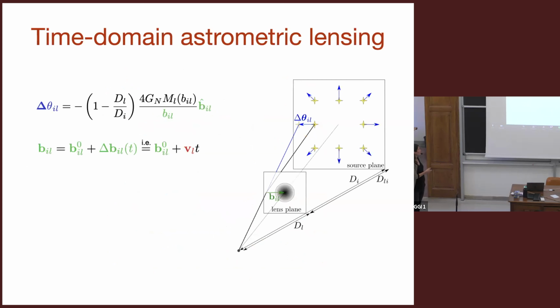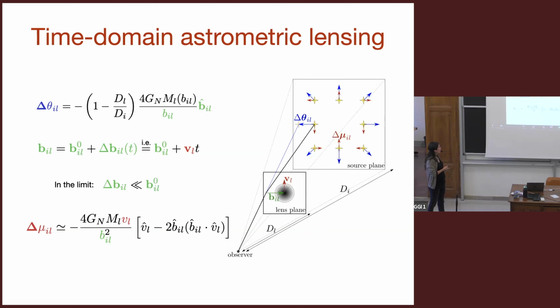And indeed, you can see how the dipole profile arises if we take again the angular deflection expression I wrote before. And now we have an impact parameter that changes over time. This can happen, for example, if the lens has a linear motion with some velocity v. And then let me first work in the regime where the relative change in impact parameter is small over the observational time.